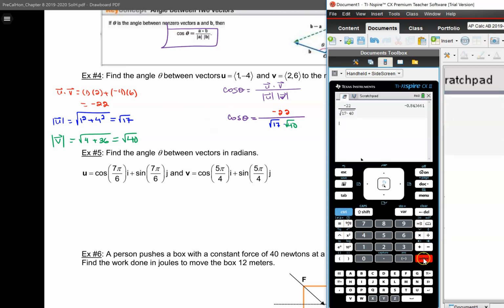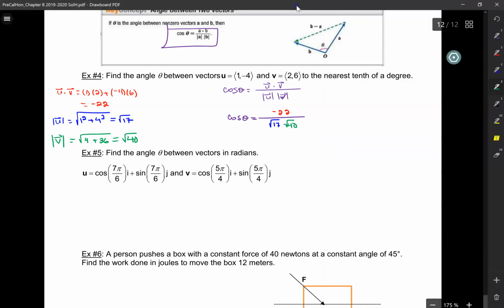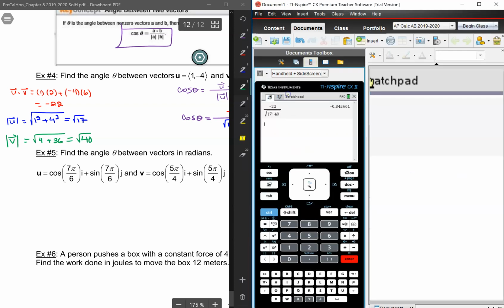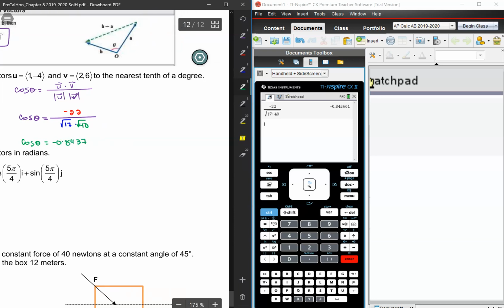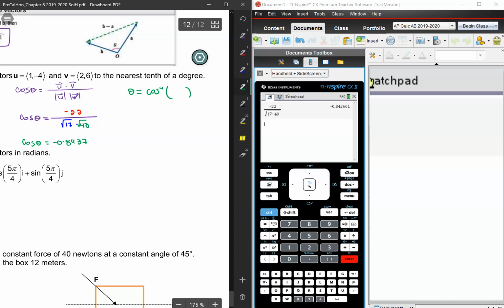I can combine the roots. And that's negative 0.8437. Okay, so then what's theta? Yeah, inverse cosine of that number.